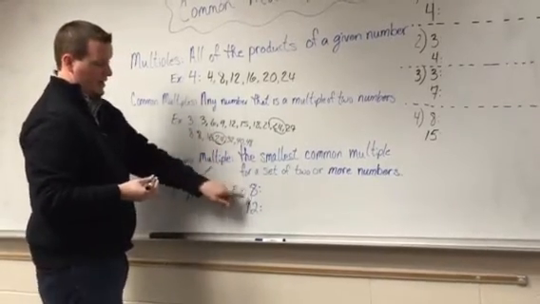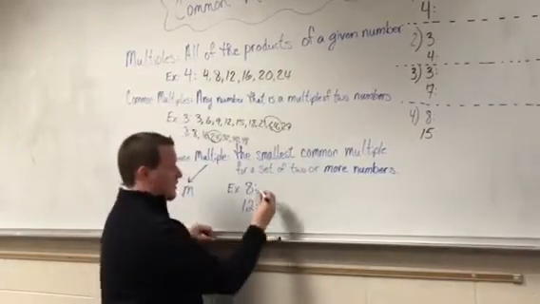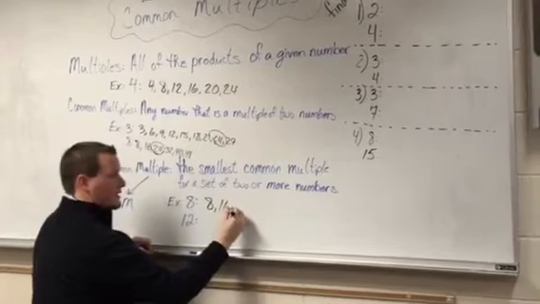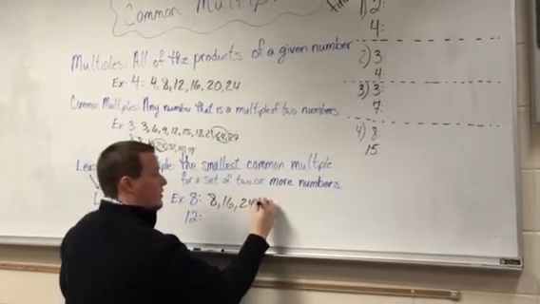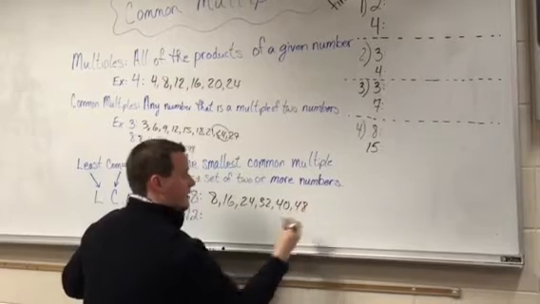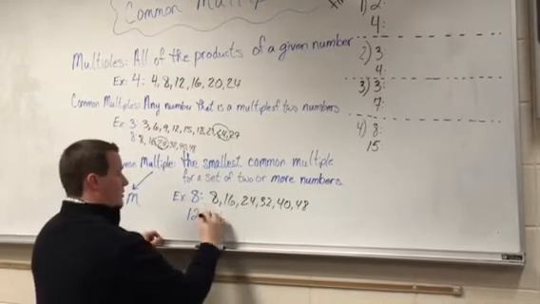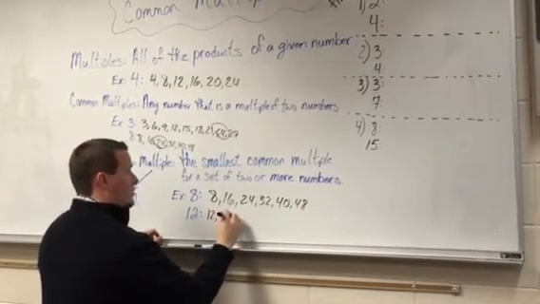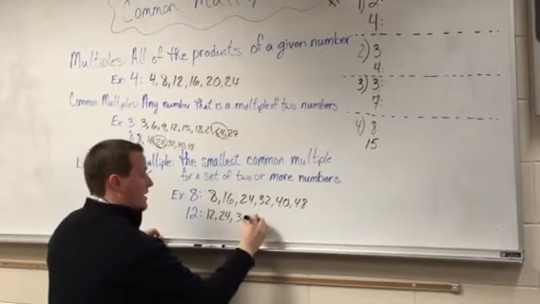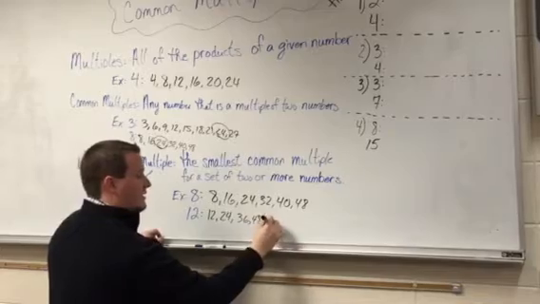Let's look at this set with 8 and 12. I'm going to count just like I did before: 8, 16, 24, 32, 40, 48, and now with 12: 24, 36, 48, 60.